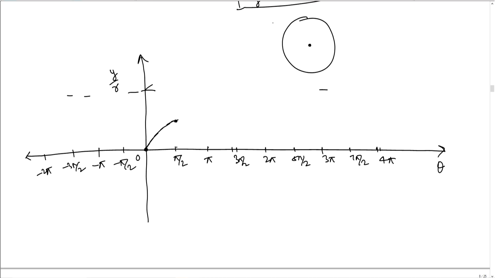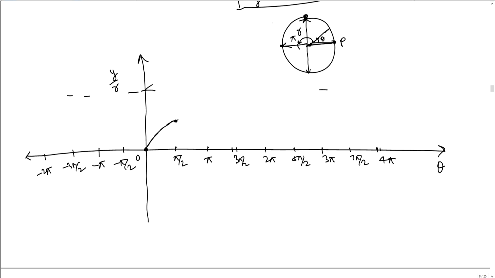Okay. So, it started here. At this point the height of the point P was 0 and started increasing. So, this is some angle between 0 and pi by 2. At pi by 2 the height becomes exactly r, equal to length of the ladder. At pi the height again becomes 0.